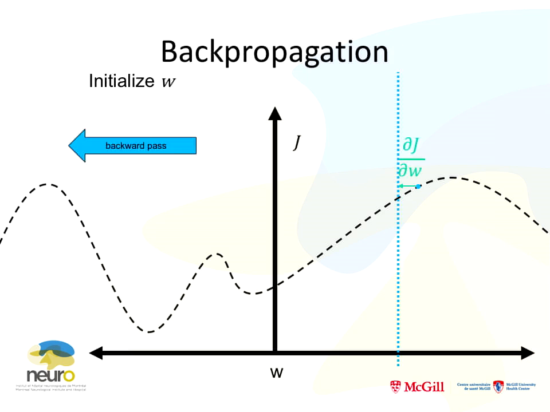So we take the derivative of the loss function with respect to this weight, and then that tells us which direction, if we have to add or subtract to the weight to make better predictions. And then this is where the optimizer comes in for the first time. The optimizer uses this gradient to decide on a learning rule, to decide on W prime, the next value that we're going to try for the weight.